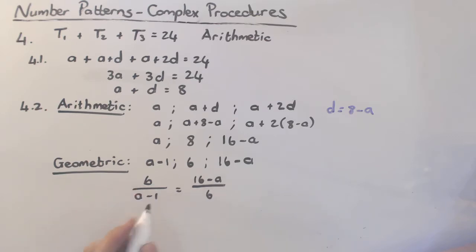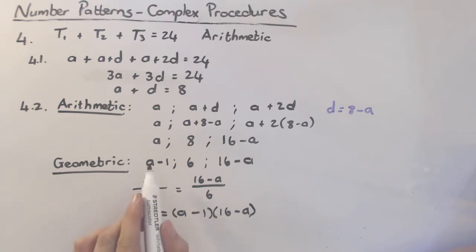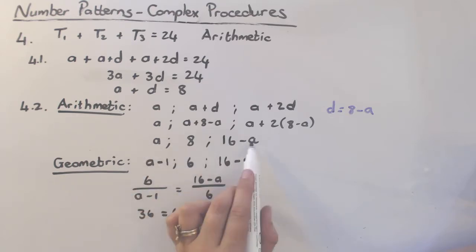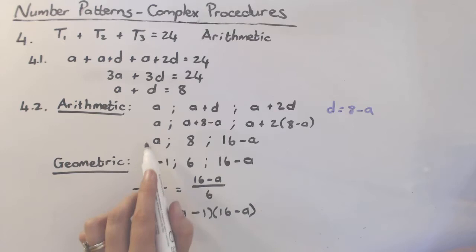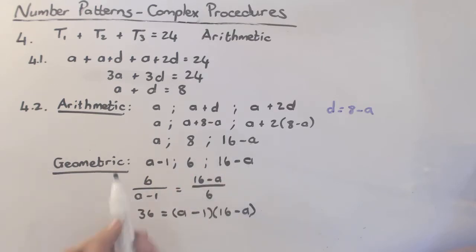And I can cross multiply. 6 times 6 is 36, should be equal to A minus 1 times 16 minus A. The reason I'm doing this is if I can work out the value of A, since this is now expressed only in terms of A, then I can find the terms.